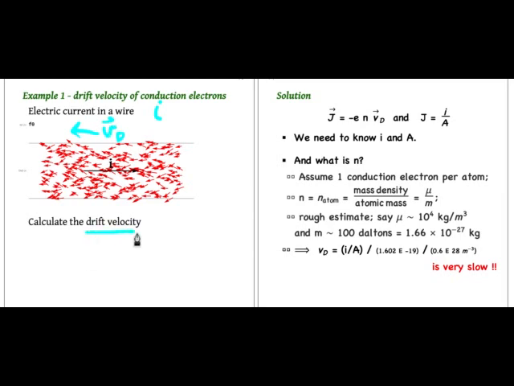And the problem is to calculate the drift velocity. In other words, calculate the value. Well, we have to know what's the current, and we also have to know what's the area here. So here's the area.